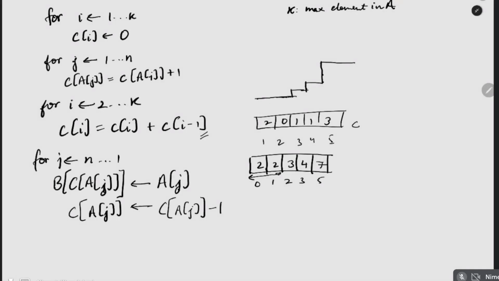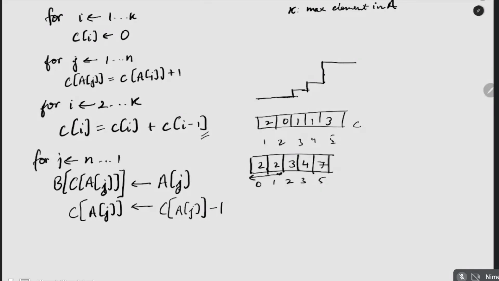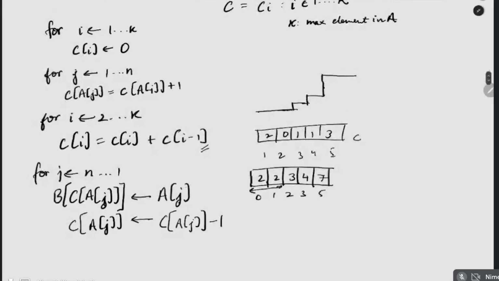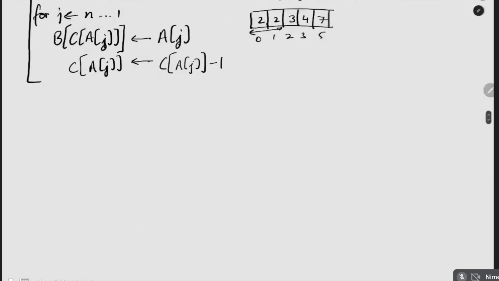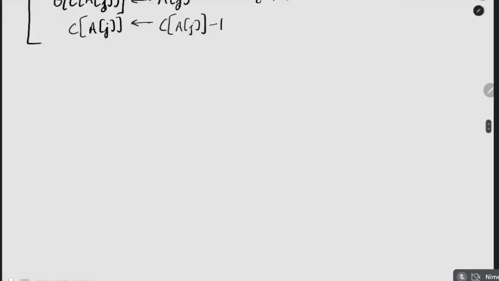That particular element has been accounted for. So this is essentially the pseudocode for counting sort, right? And let's take an example.